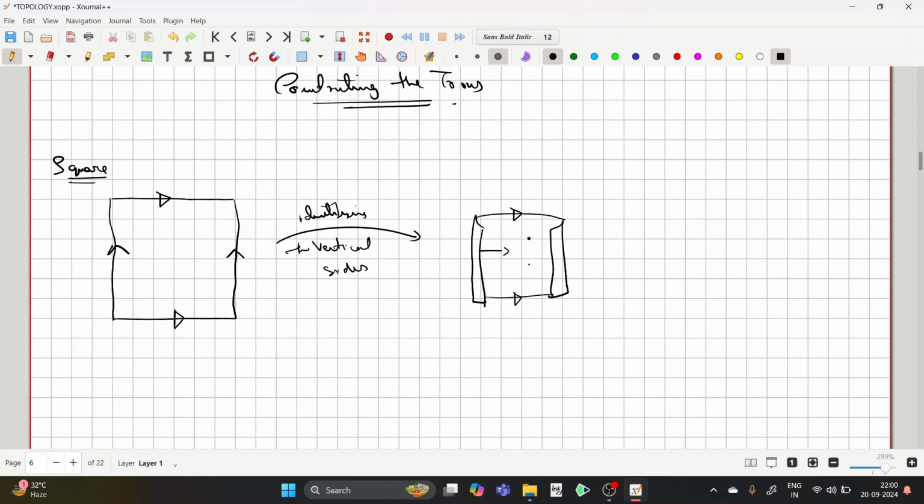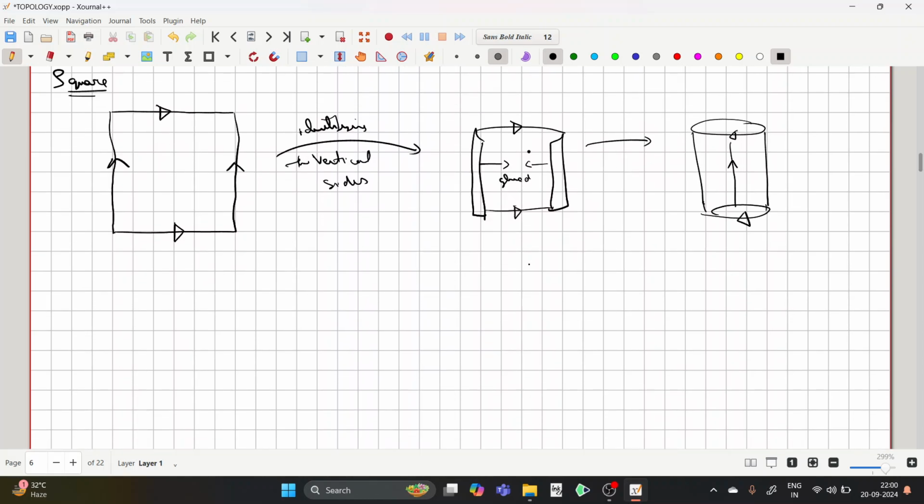So these two edges need to be glued or identified together, and eventually I will get a cylinder, right? By rolling, I still have the vertical edge out there, and there is a fine line which represents the gluing of these two vertical edges. Clear?